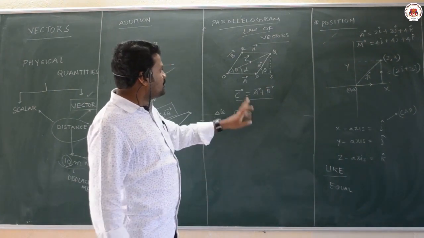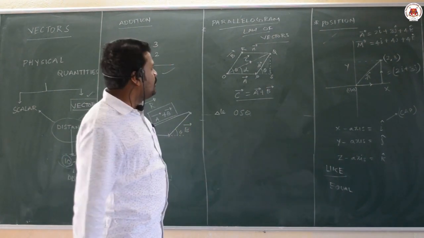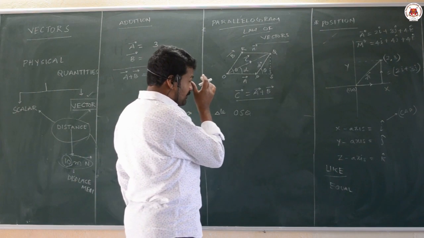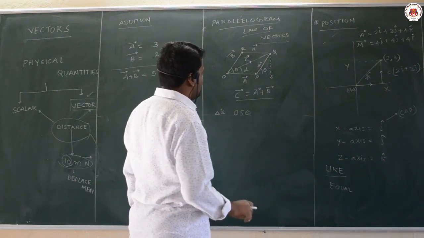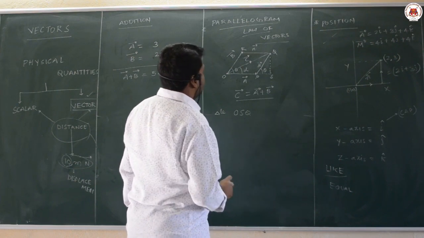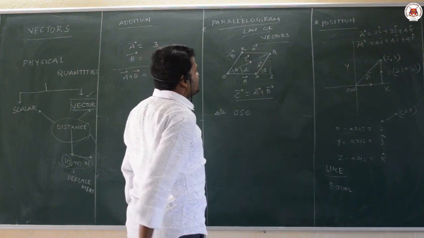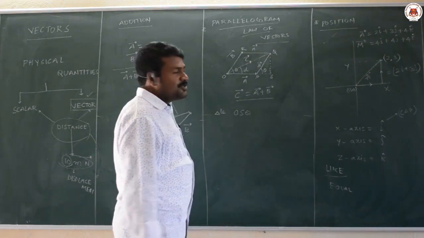You take OSQ, it is a triangle. Now in triangle OSQ, I can write this is a right angle triangle, so hypotenuse square is equal to side square plus side square.